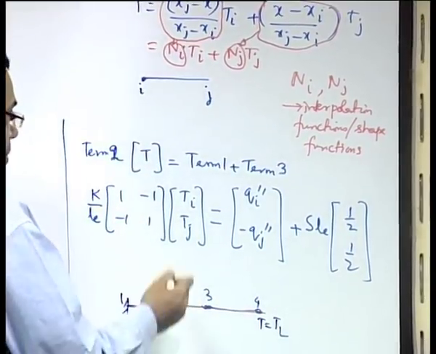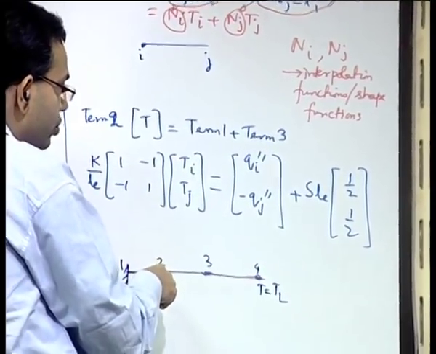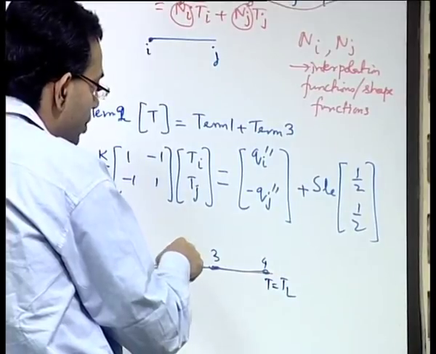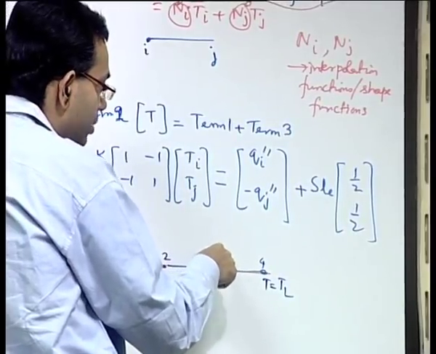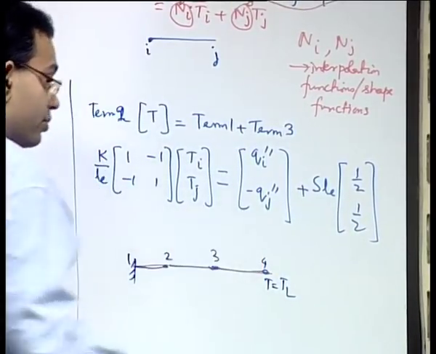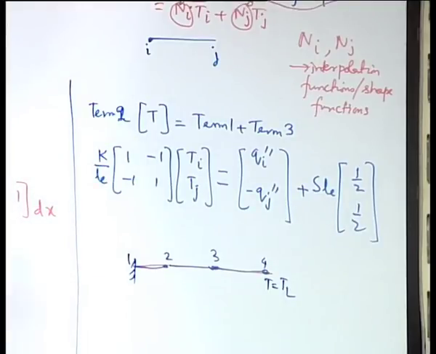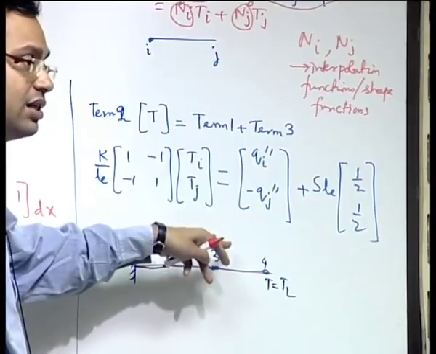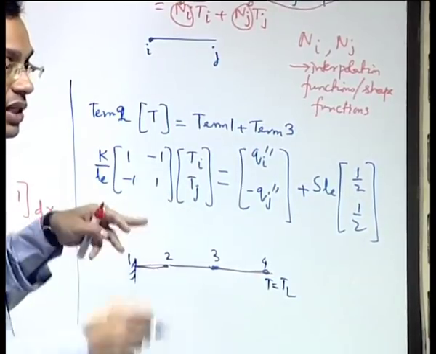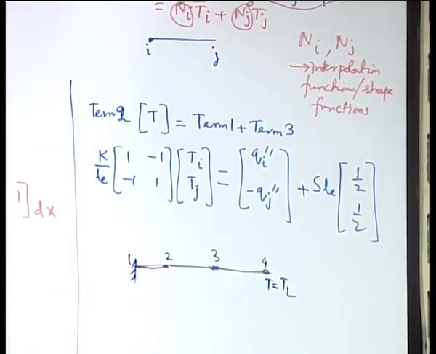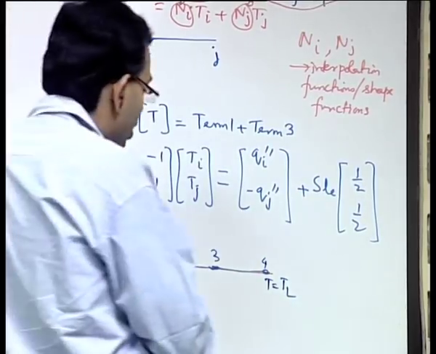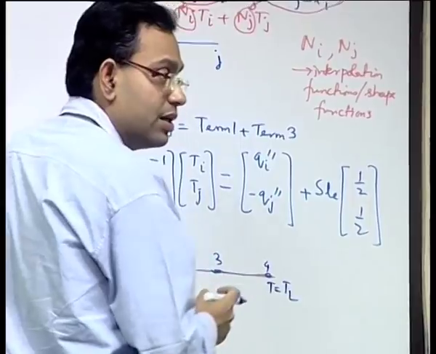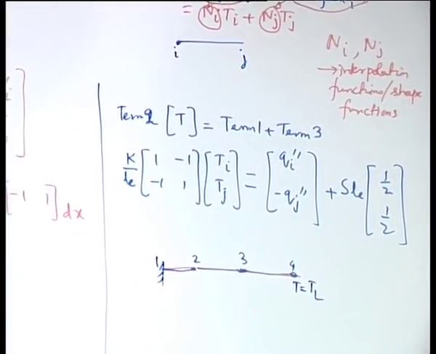For the first element i will be 1, j will be 2. For the second element i will be 2, j will be 3. For the third element i will be 3, j will be 4. So you can write similar equations, similar 3 equations for each of the 3 elements. The question now is how do you assemble it globally so that you get the behavior of the summation of all the elements connected together.